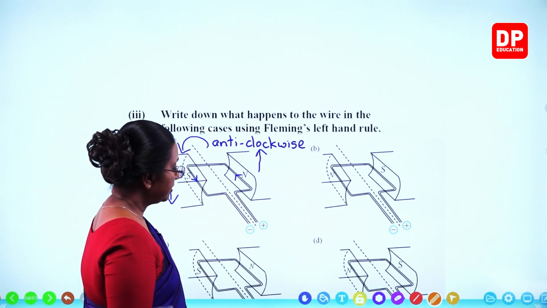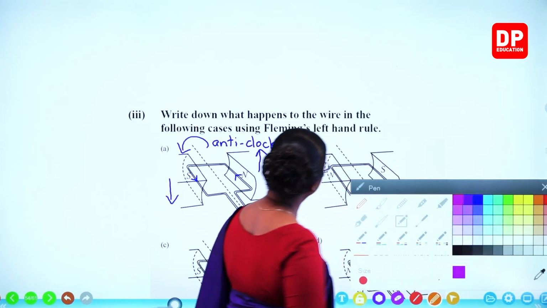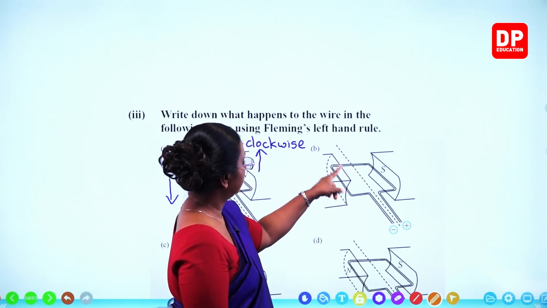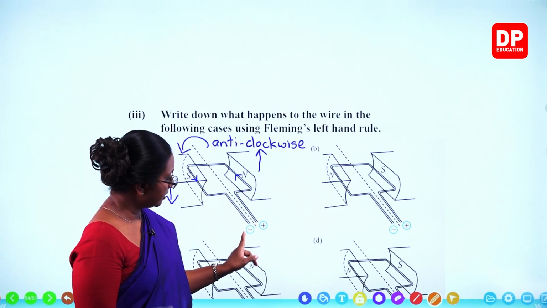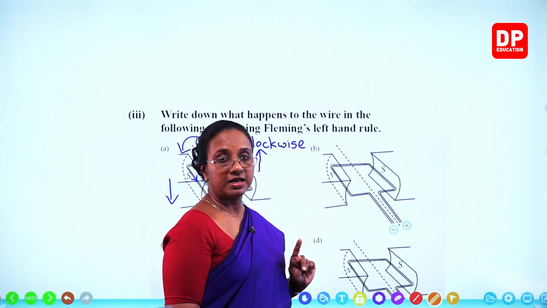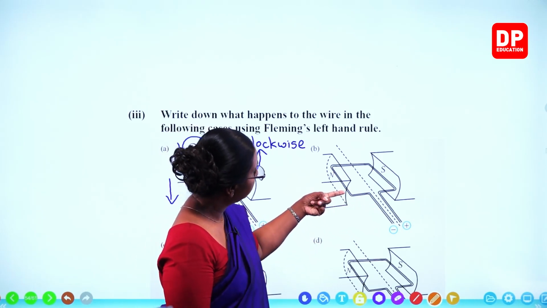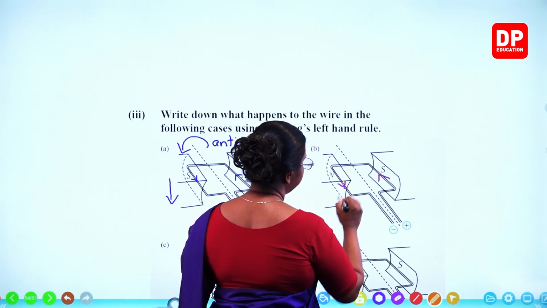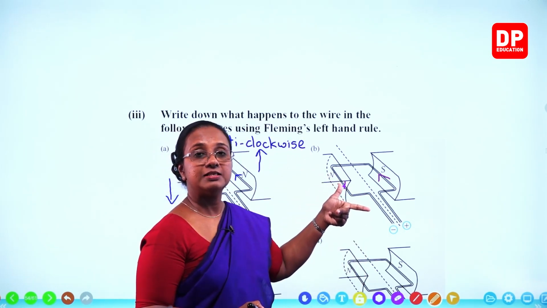Then if we take this one, I will use a different color so that it's easy for you all to understand. Now here, north to south. You can see north here, south there. The current flow is the same, like this, plus and minus. So now the field is going to be this way. If you consider this one, current flow is going to be the same. So current will come this way, the field is that way.